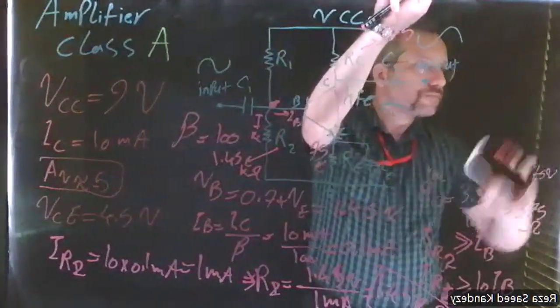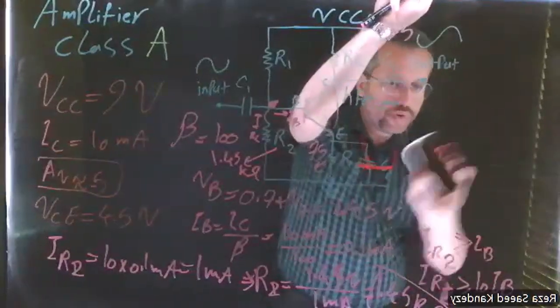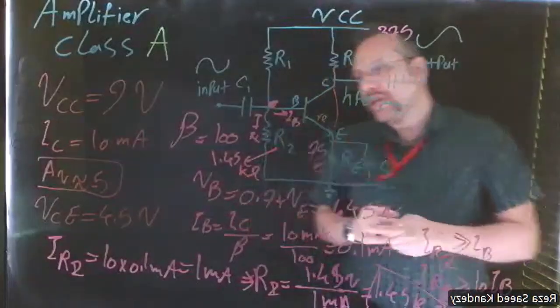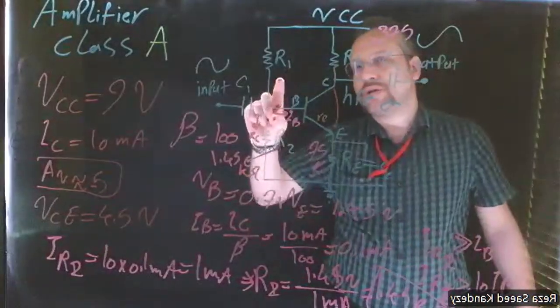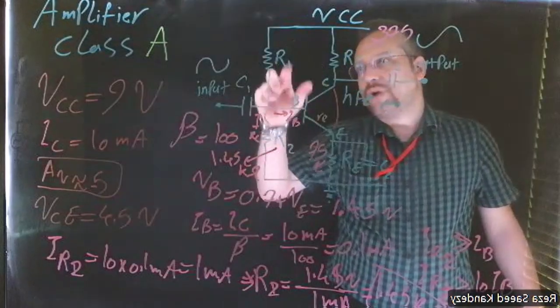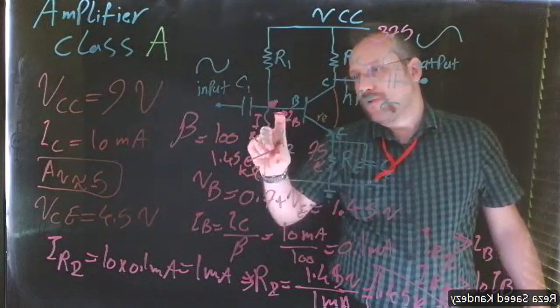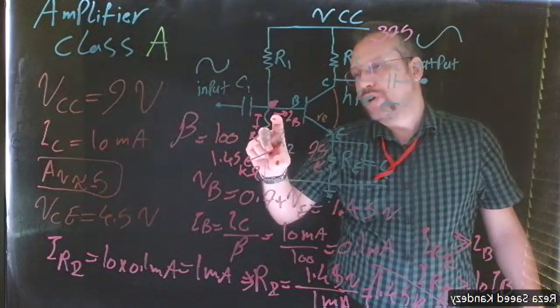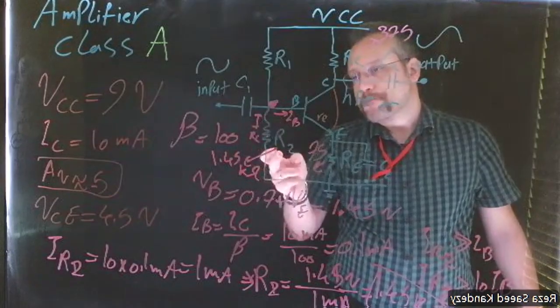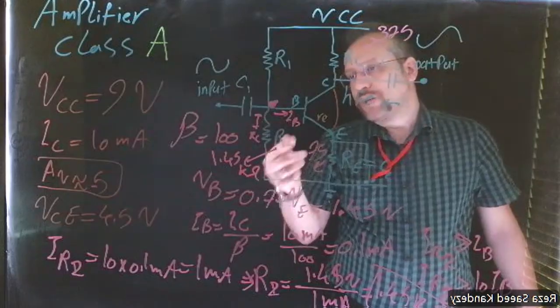Let's do that. There are two ways to calculate R1. One is to use the voltage divider rule. We have a VCC, and the divider gives us 1.45 volt across R2.